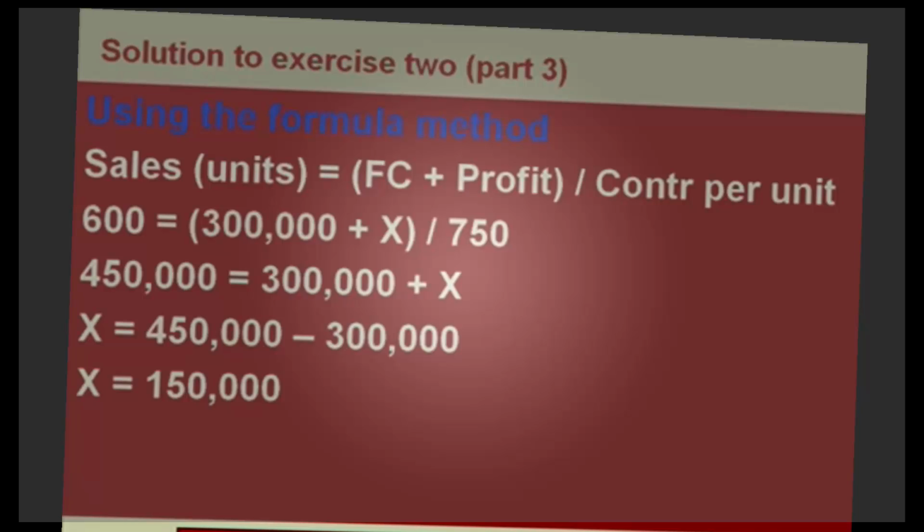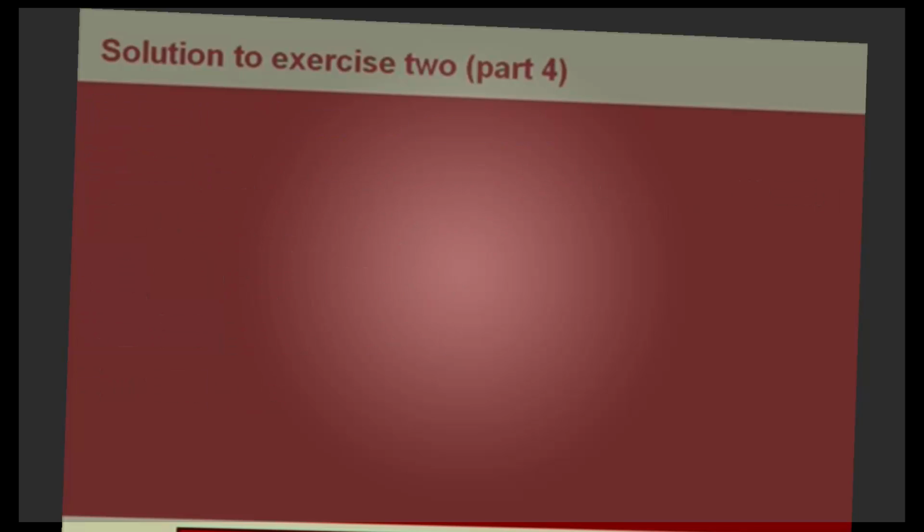Now, let's try part 4, where you have to evaluate a marketing strategy. I think you already tried it, so let me give you the solution. Let me do the equation method first.